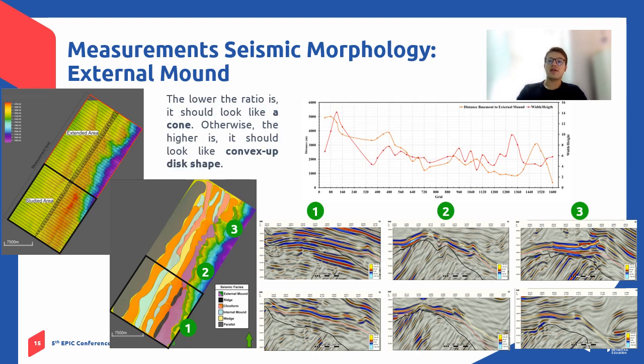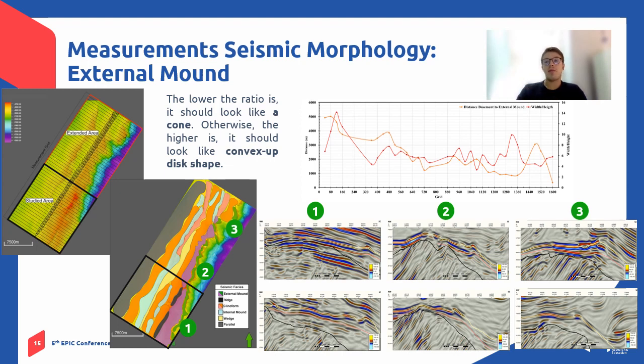So for a better characterization, we take into account what is called the width and height ratio, which allows us to analyze the shape of the mounded facies. The lower the ratio is, it should look like a cone. Otherwise, the higher it is, it should look like a convex up disc shape.